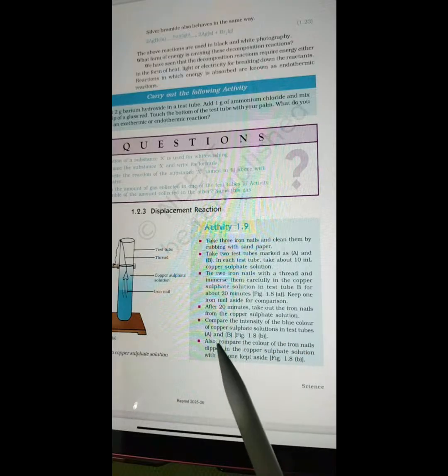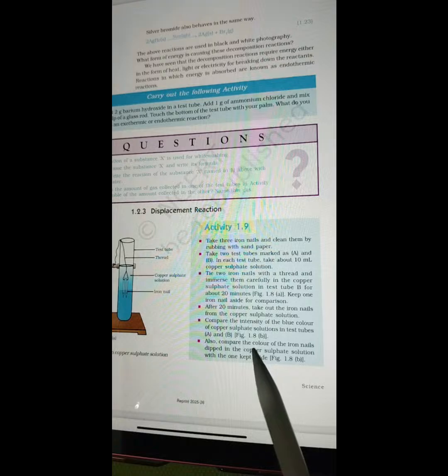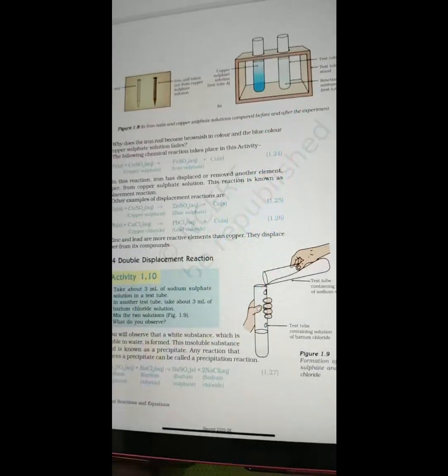After 20 minutes, take out the iron nails from the copper sulfate solution. Compare the intensity of the blue color of copper sulfate solutions in test tubes A and B as shown in figure 1.8b. Also compare the color of the iron nails dipped in the copper sulfate solution with the one kept aside as seen in figure 1.8b.